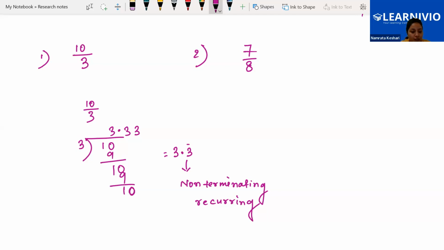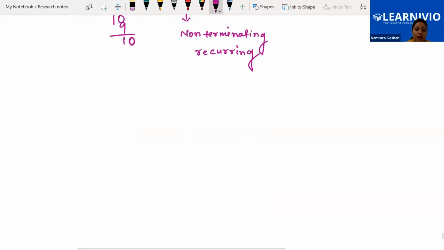Now, we also have this type of question in this exercise: if we have a decimal number 3.142678, can we write it in the form of p by q? If so, what will we have if we try writing it in the form of p by q?